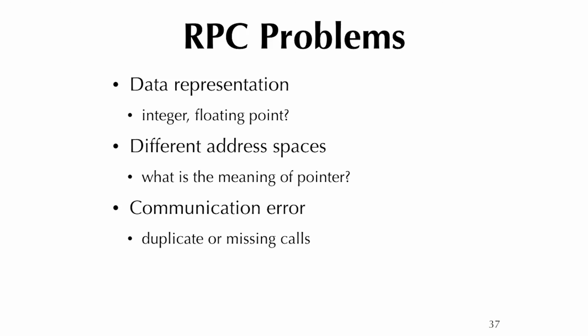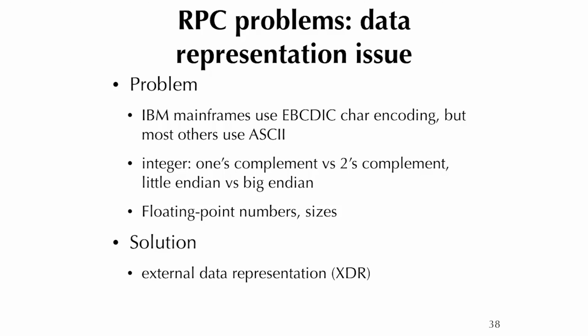There are different ways of being successful or not. Do you retry? What do you do? The RPC library will have to take care of that. It presents some reasonable implementation, and in the worst case just has to tell the user, sorry, can't do this, right?